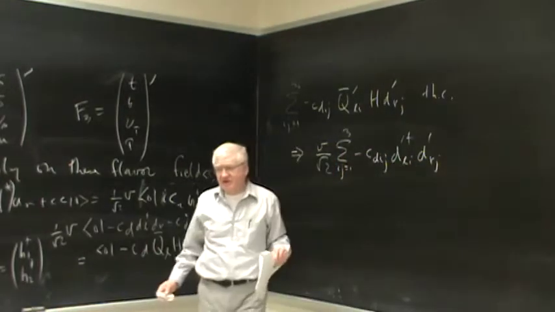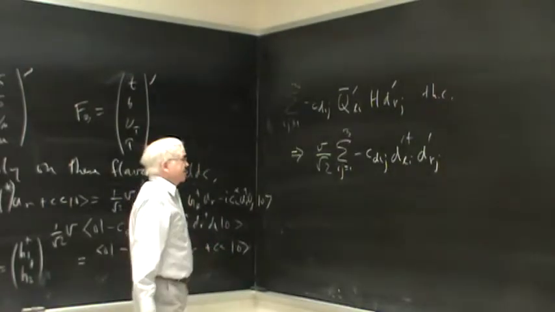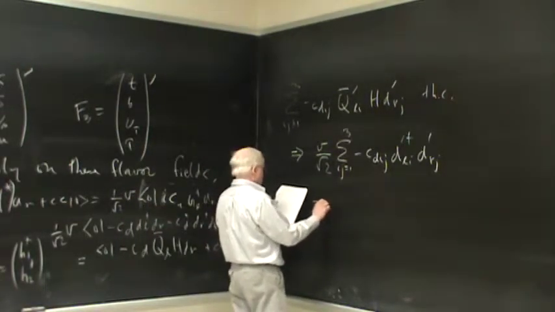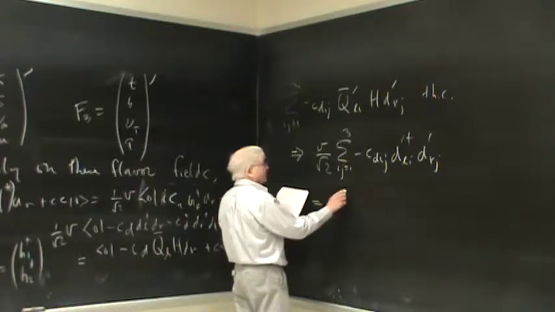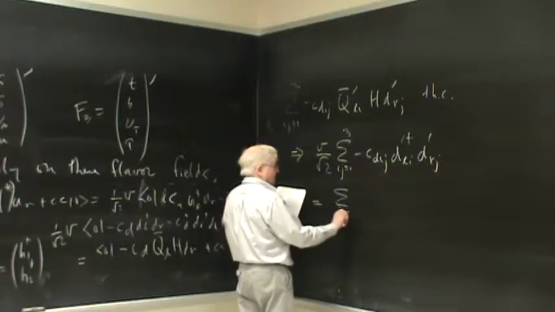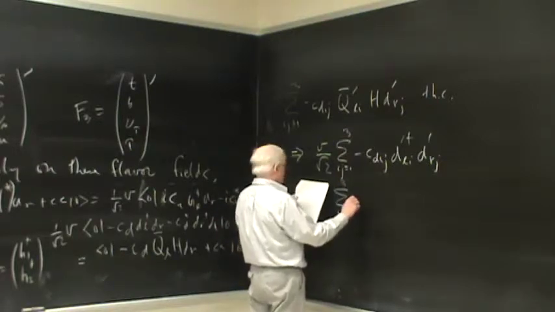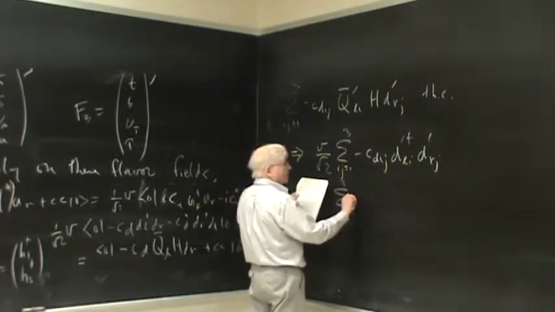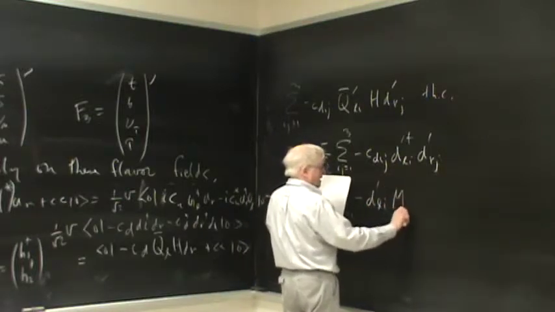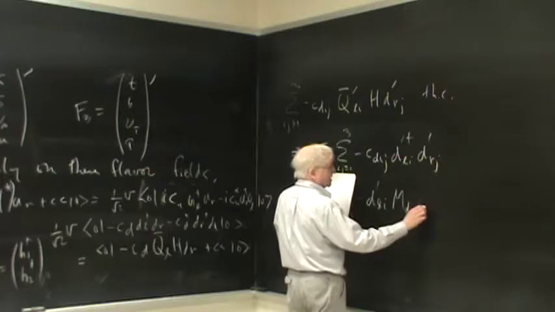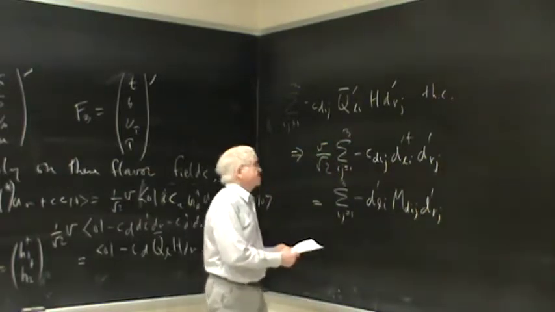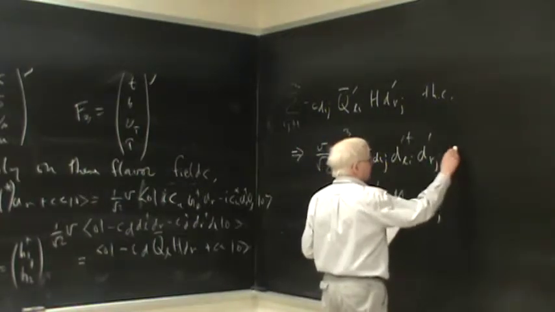L and R stand for left and right, of course. And so that's something that we can rewrite as sum ij equals 1 to 3, minus d prime left i, M_d ij, d prime right j plus h.c. and so forth.